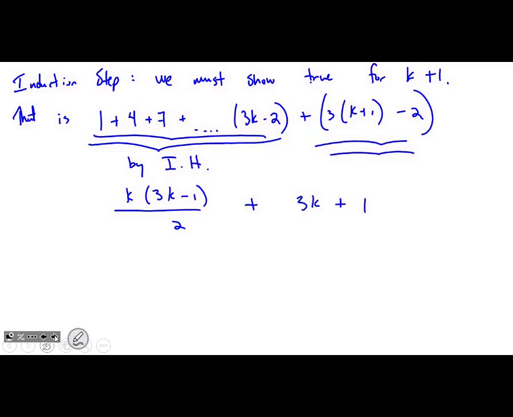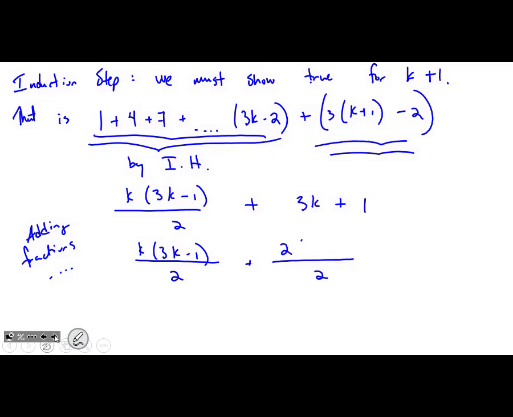And now let's just do some algebra. Let's add these together. If I wish to add these together, adding fractions, I can get a common denominator of 2. This numerator stays the same, so k times 3k minus 1.